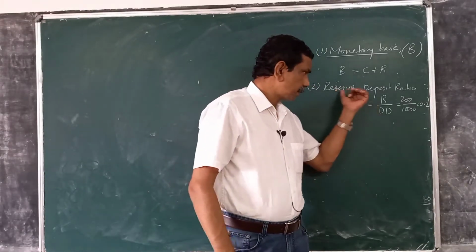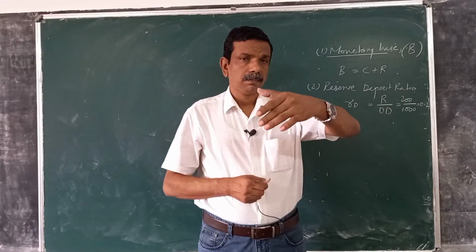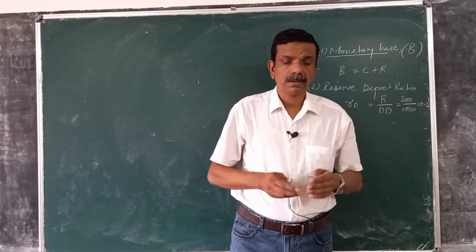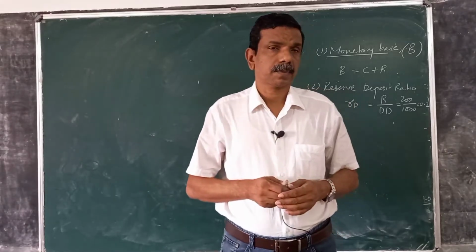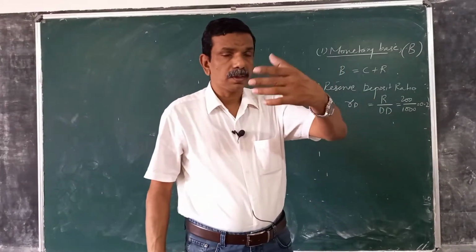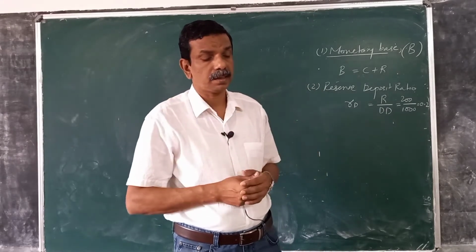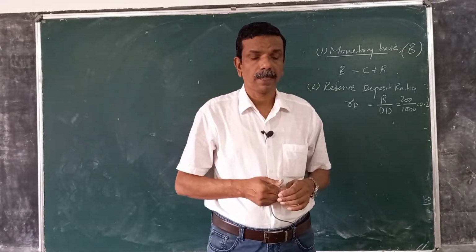And this reserve deposit ratio is determined by the policies of the commercial banks and also the laws regulating the banks. Reserve deposit ratio is under the jurisdiction of the laws enacted by the central government, central bank or monetary authorities.